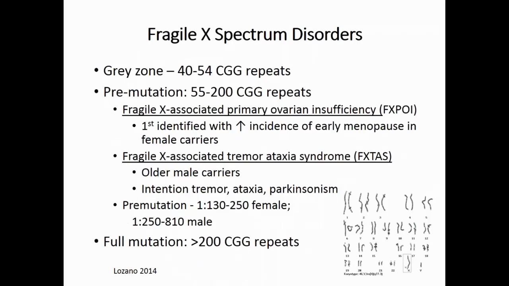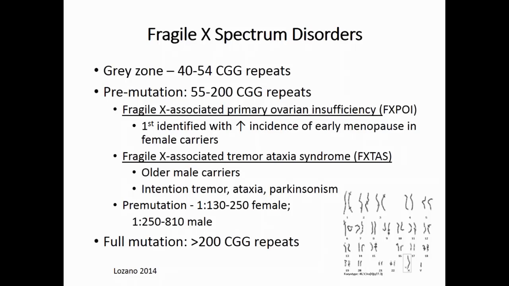So I wanted also to mention Fragile X spectrum disorders, which really emphasize the continuity of clinical involvement for this condition. This describes the pre-mutation problems that were first recognized for females who had early menopause, which occurred in female carriers. This is known as Fragile X-associated primary ovarian insufficiency, and about 20% of female carriers have this condition.